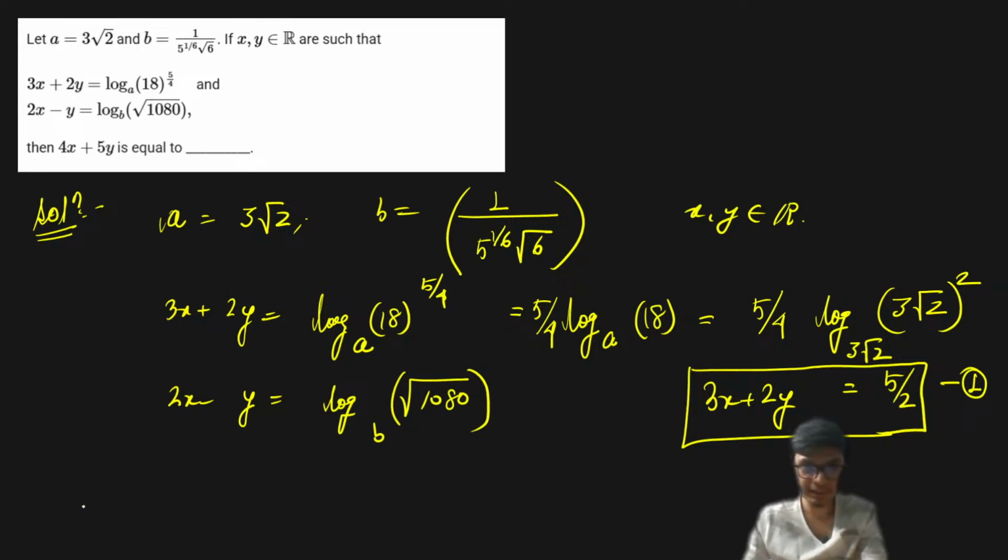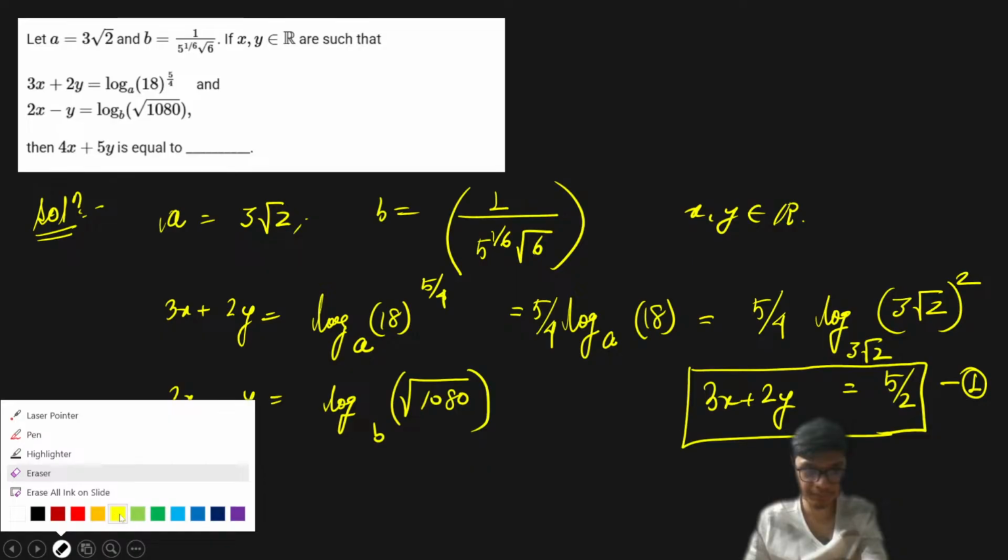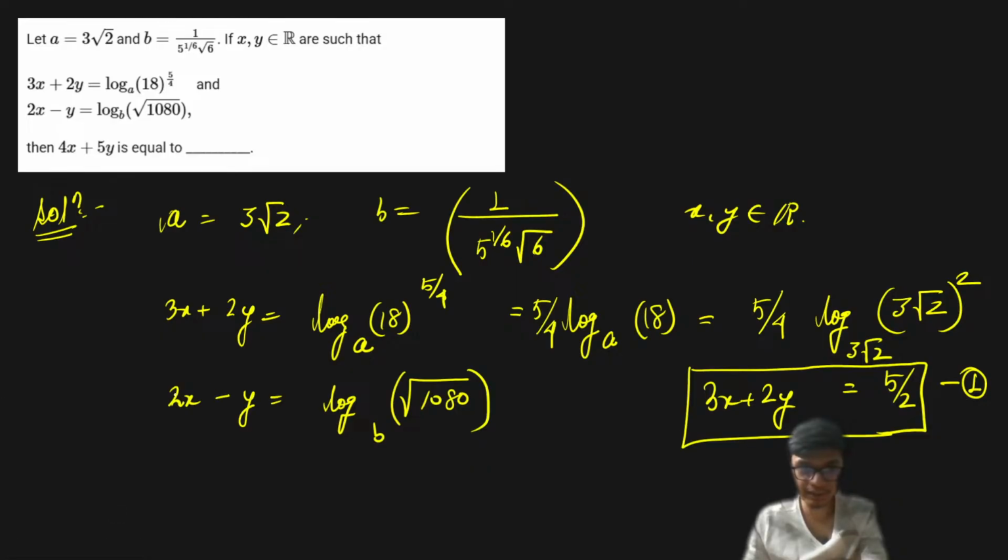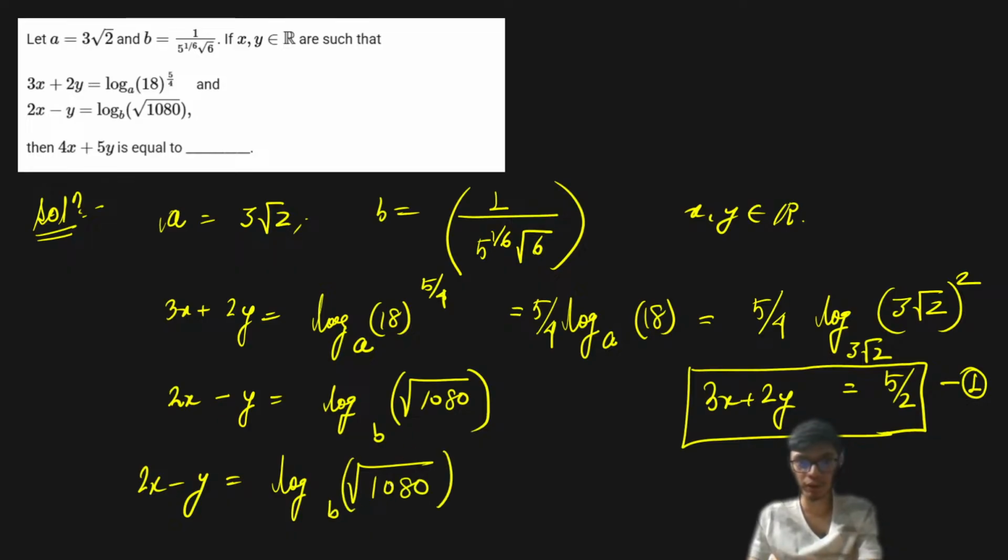And then the second equation is 2x minus y is equal to log of square root of 1080 and base B, right? Now what is square root of 1080? I will try to simplify it in terms of the base so that I can easily simplify.